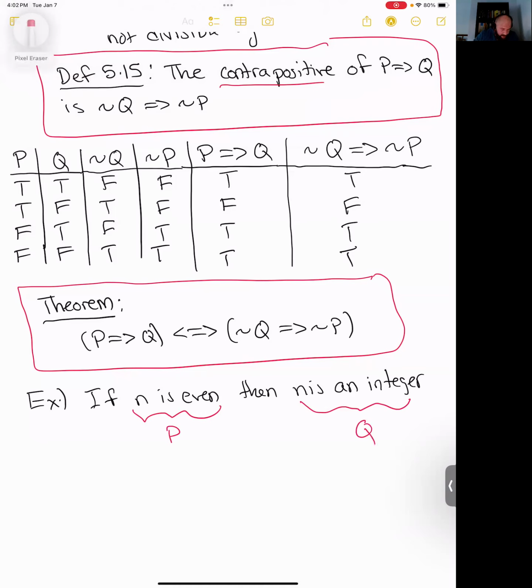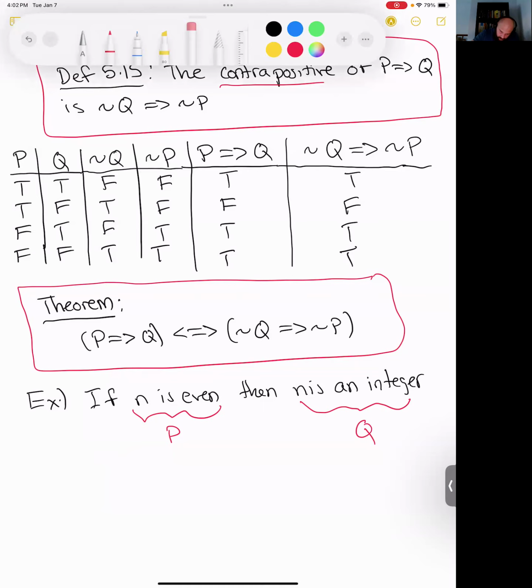And so this is literally just equivalent to P implies Q. So this is P implies Q.